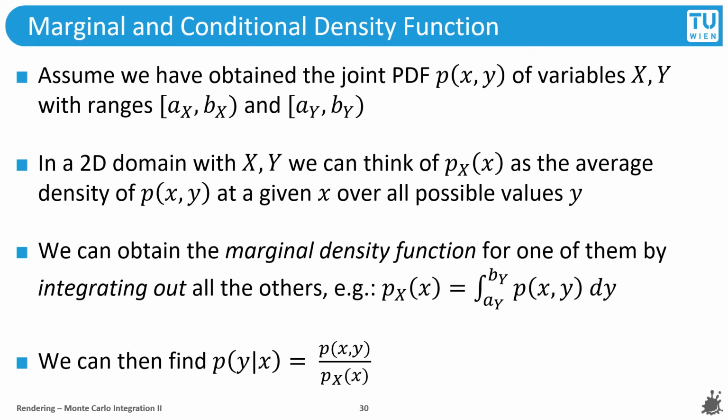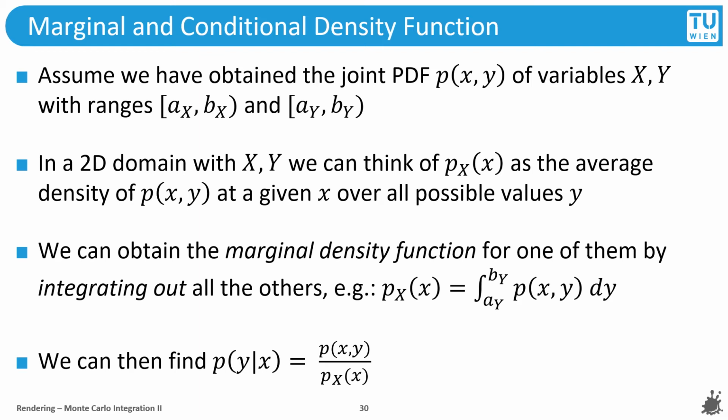How do we get these marginal and conditional density functions? We will look at the case for two variables here. You might have heard about marginal probability already. If you have multiple variables that define your outcome, the marginal density function of a variable is the probability density function for that one variable alone. We don't care about the values of the other.